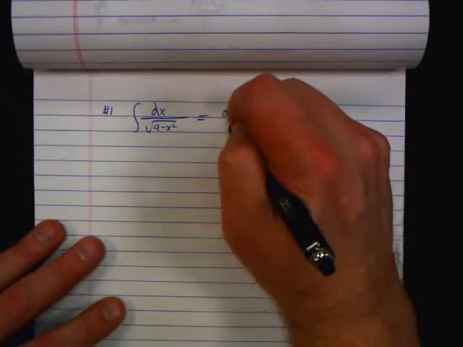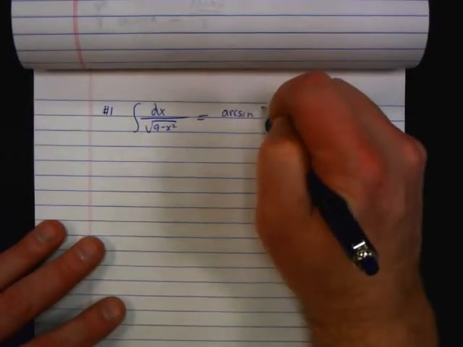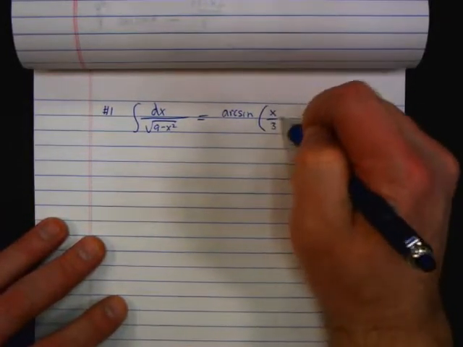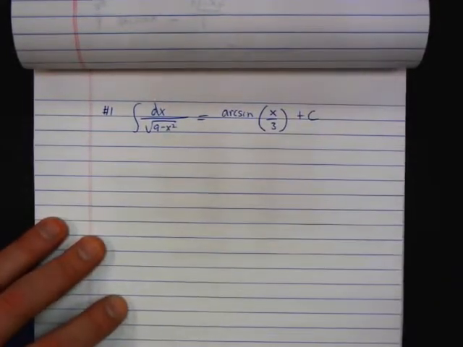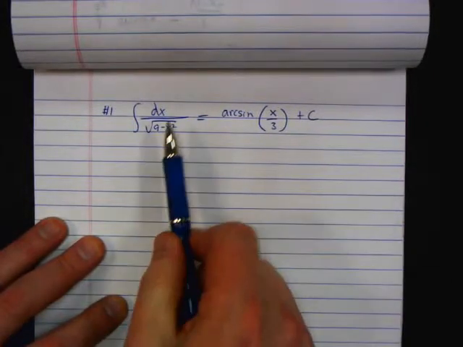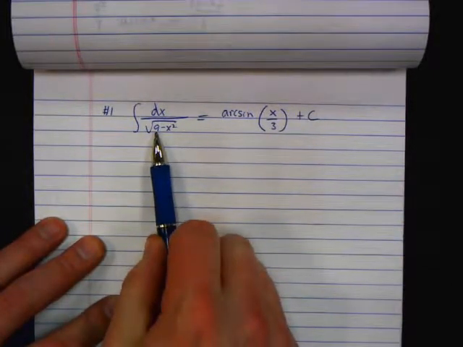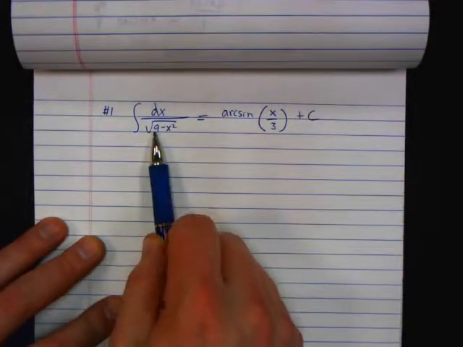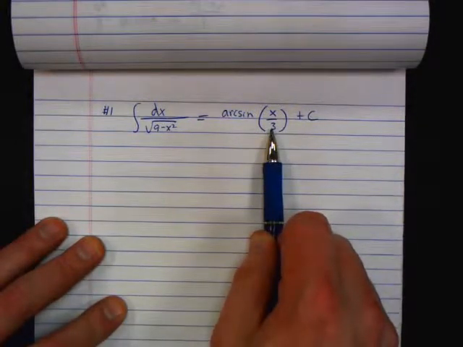So this is arc sine of x over 3. Very good. A lot of people will want to say x over 9. Why is it x over 3? Because this is a squared here in the original formula, but this is a over there. So a squared is 9, which means a is number 3.